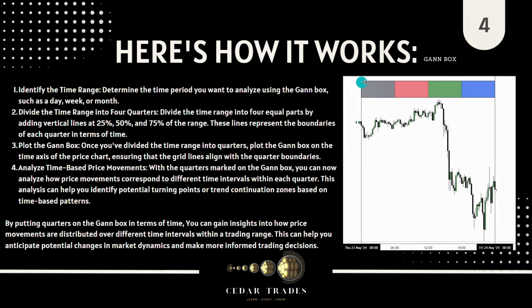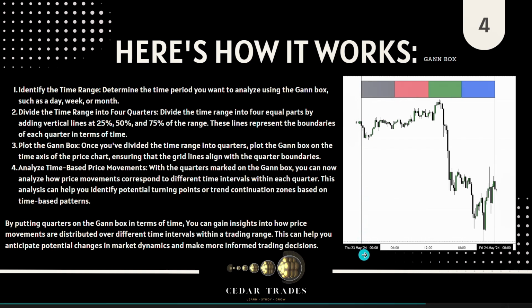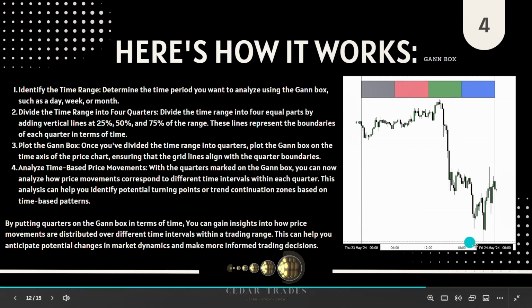So this whole box here, right, is one box. I'm gonna show you later. It's just one box here. It's not this box and this box and this box and this box, but this is one box where we divided the 25% of this time from point A to point B, right?